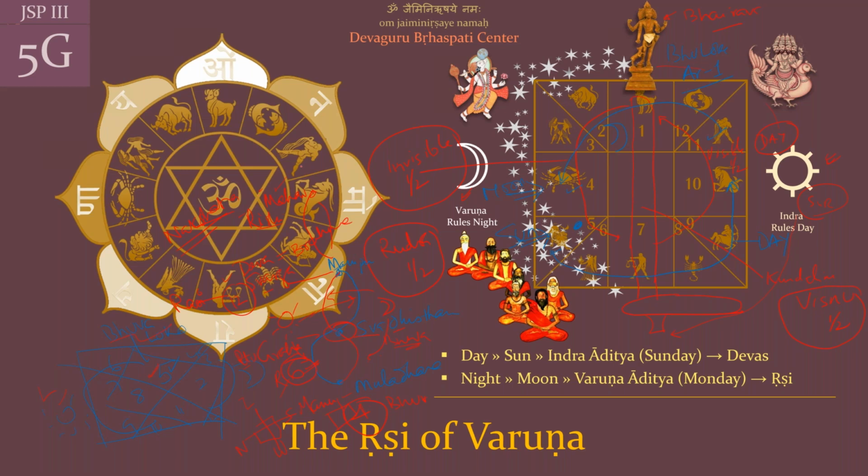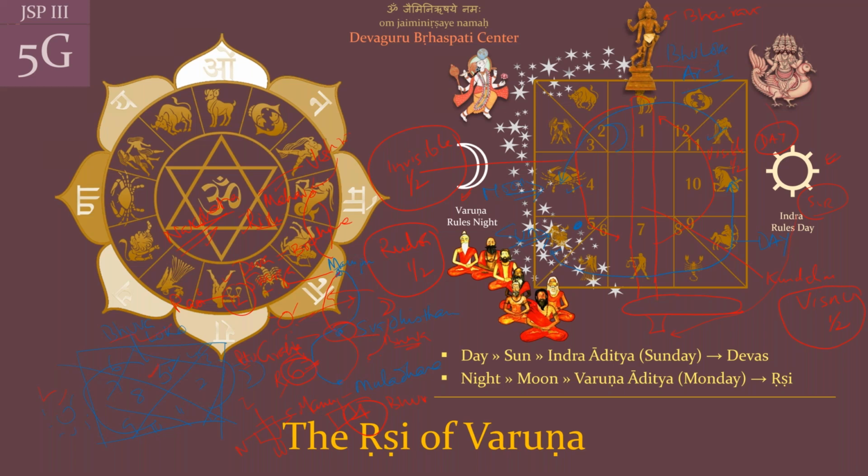Here the Rishi at Maharloka are ruled by Vishnu. Vishnu is ruling this Maharloka and the Rishi and the Nakshatras. So entire Vishnu Jyotish is about Maharloka, it is about the Rishis, it is about the Nakshatras.